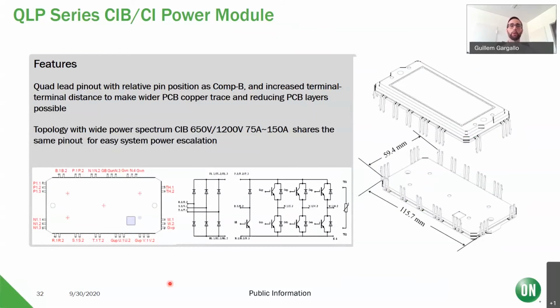And in this case, thanks to the configuration as well as the CTI 600 materials used in the encapsulation, we can enable increased terminal to terminal distances, which enables you to use thicker PCB coppers, and then, of course, as I mentioned before, reducing the amount of layers, which at the end results in a cheaper PCB. So we have, as I mentioned, the full power spectrum, and this is under the same pinout, so it's very easy for scaling up all these different solutions.